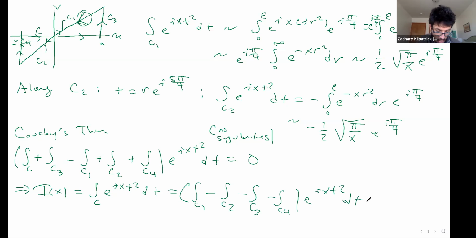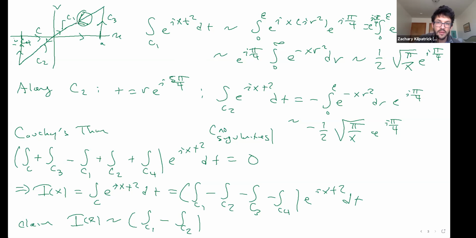And our claim is that essentially we have everything we need already, and I'll not prove it, but justify this shortly, that I of x to leading order can be approximated by our saddle point integrals that we've just done. These sections are not going to provide a contribution as substantial as this leading order approximation.